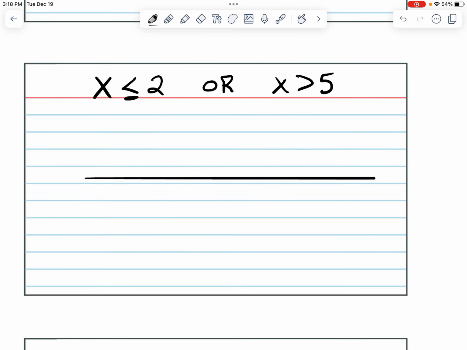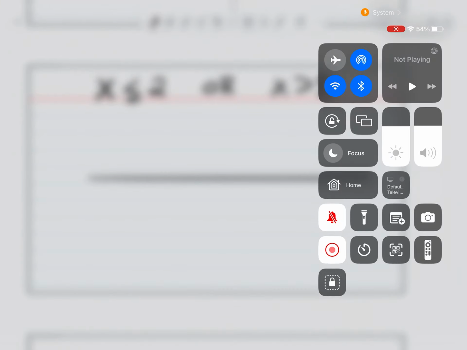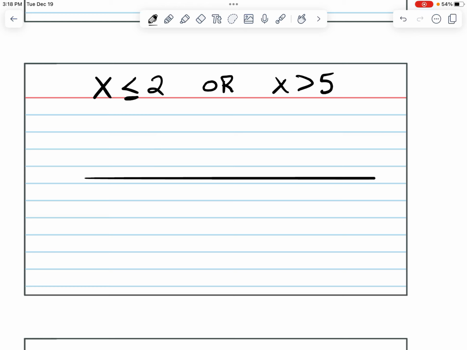Okay, let's look at how to graph this. So we have x is less than or equal to 2. So I'm going to put 2 here. All right.